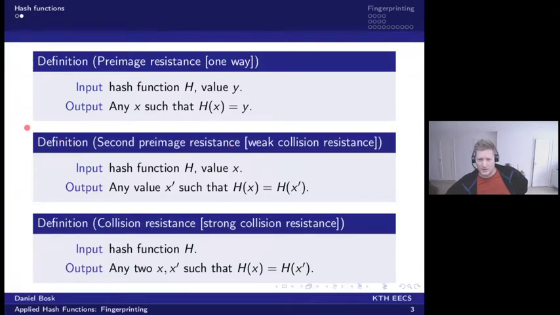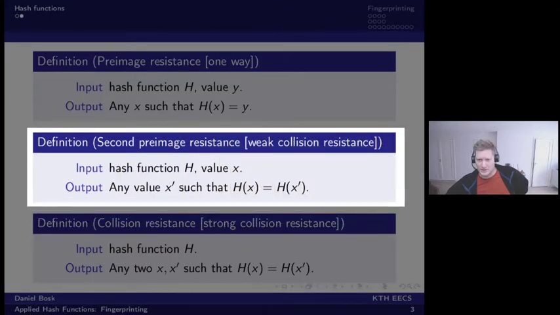The second property, second pre-image resistance, is related. But here the problem is slightly different. We get a hash function H as input, and we get a value x as input. So here we get an input value, not an output value as with pre-image resistance.